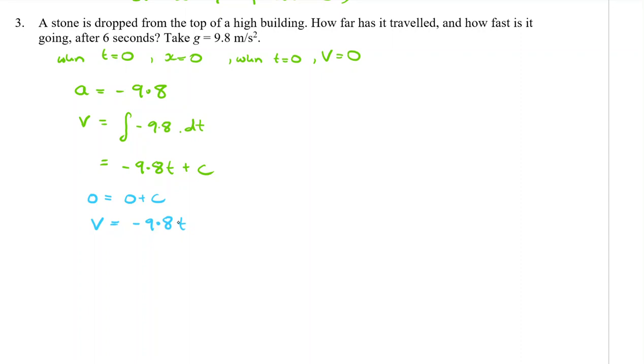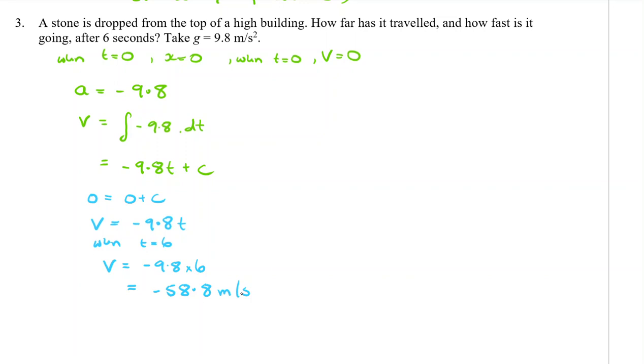Okay. While we're here, we were asked to find how fast it was going. So let's sub our 6 in so we can get our velocity from this equation. So when t equals 6, my velocity is minus 9.8 times 6, which is, okay, negative, which means it's telling us the direction.